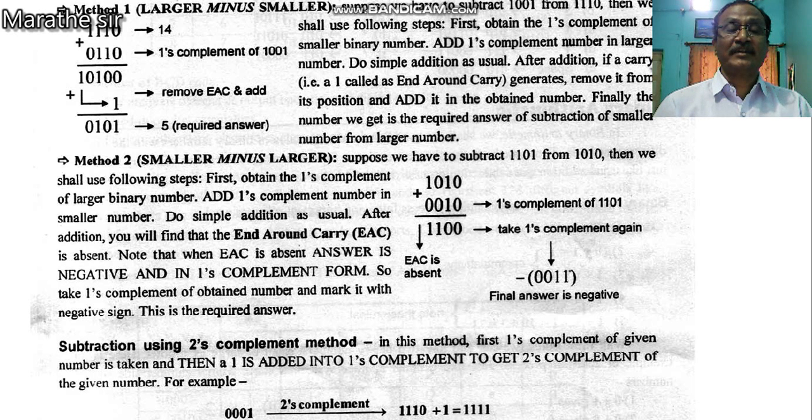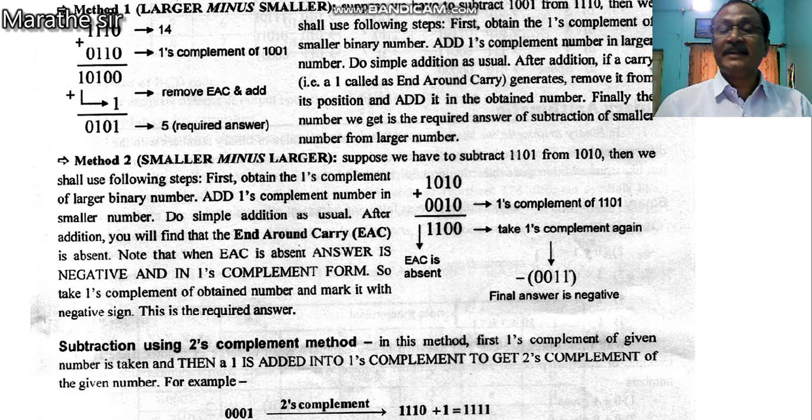At that time, what happens? Whenever the end around carry is absent, that means the answer is negative, because we are subtracting a larger number from the smaller number. So as per our algebra rules, the answer is negative. Here also we are getting the negative answer.